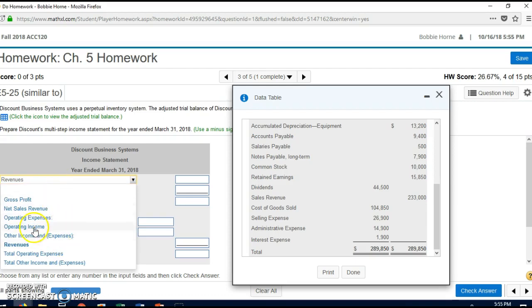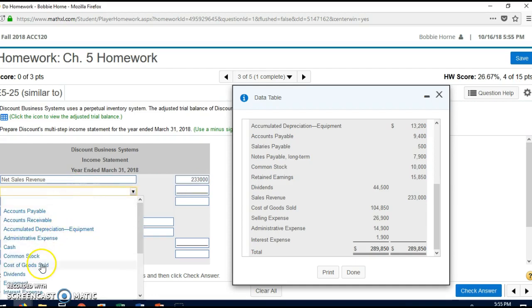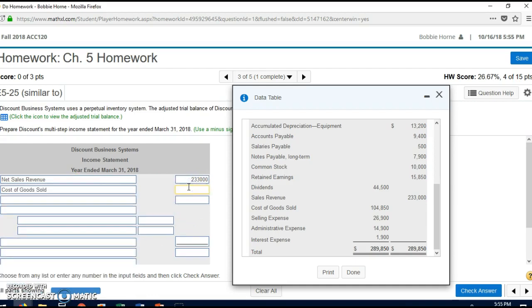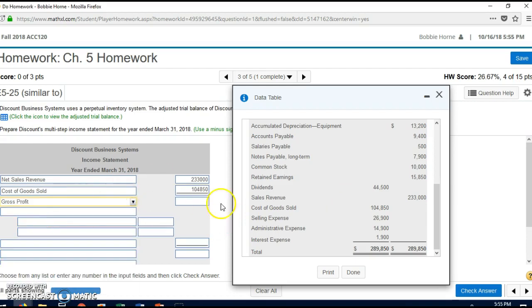Net sales revenue is $233,000, and you're going to subtract your cost of goods sold, which is $104,850, and you're going to get your gross profit, which is $81,550.